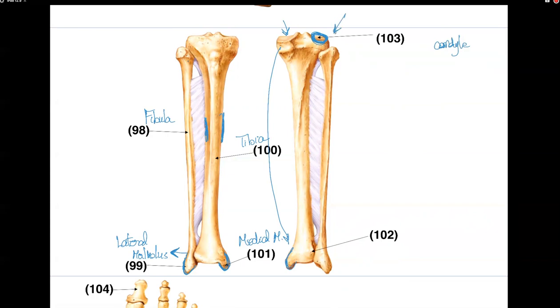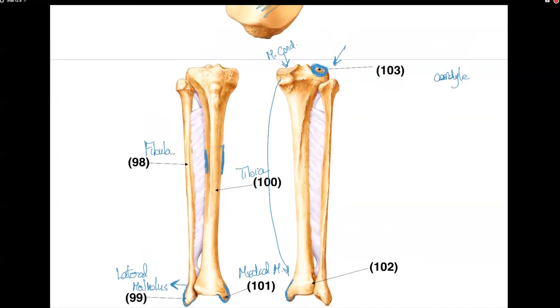If it's on the same side as the medial malleolus, it's going to be the medial condyle. But it's not. It's on the opposite side to the medial malleolus, so it's going to be my lateral condyle.